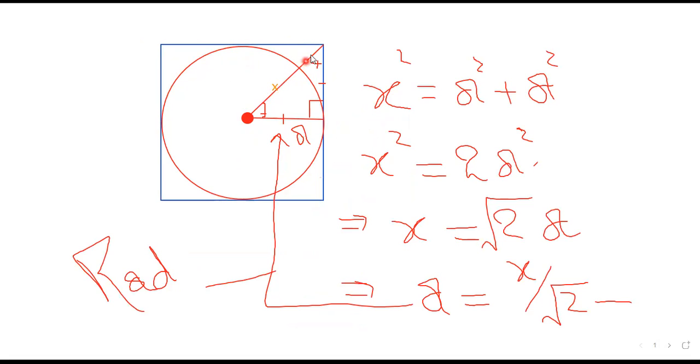The measurement of this line is x. We will have to find the radius of this circle in terms of x. This line is going through the vertex, and it is also touching the circle as well as the square.